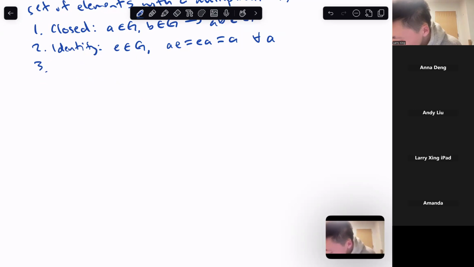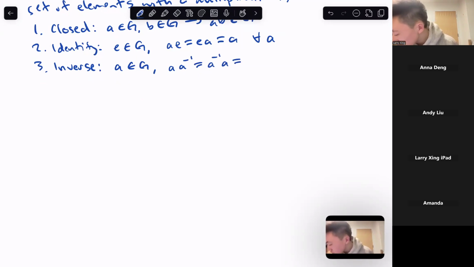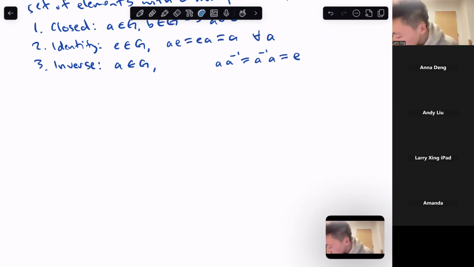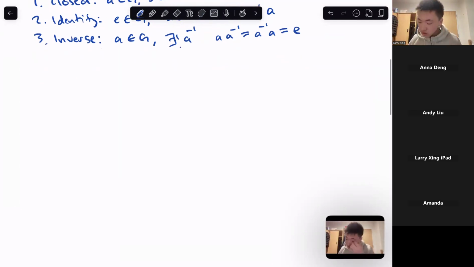The third is the inverse, which basically says that for every element A, there is a unique element A inverse such that A inverse A equals the identity. I guess we can say there must exist a unique inverse.